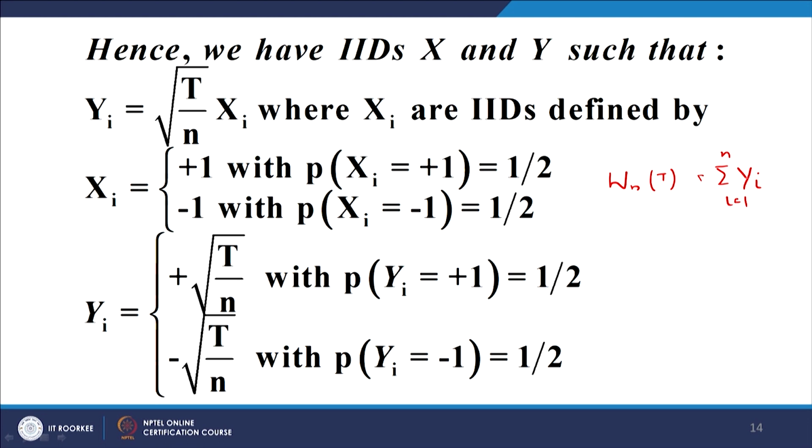Therefore, y_i takes the values plus under root t by n and minus under root t by n with respective probabilities 1 by 2.